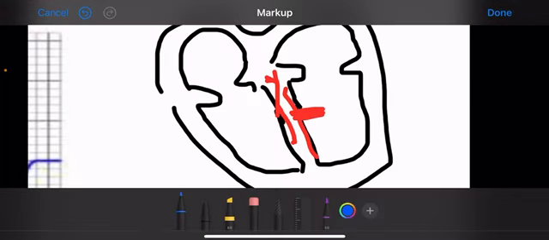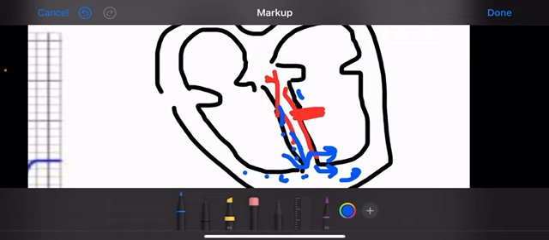The wave of depolarization comes to the right ventricle. Here there will be depolarization, and there is no depolarization here. How does depolarization on the left side take place? After the wave of depolarization reaches here, then the left ventricle becomes depolarized.